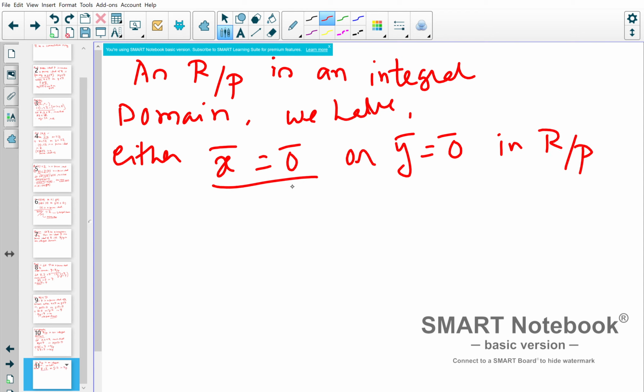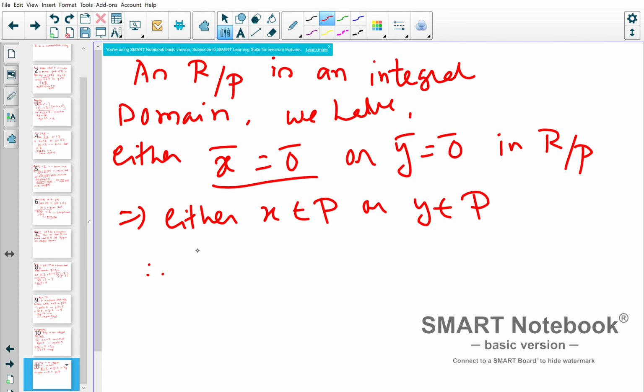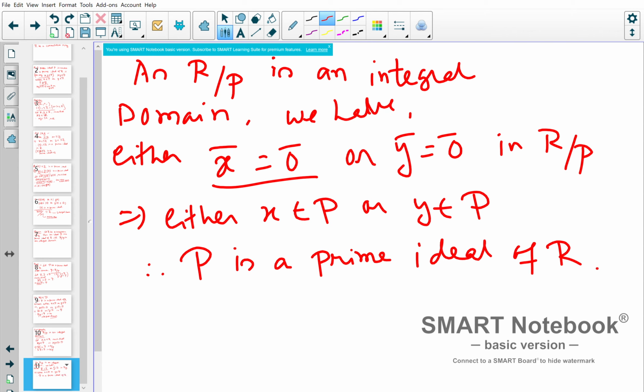Here x bar equal to 0 bar means that x belongs to p. So this implies either x belongs to p or y belongs to p. Done, right? We chose two elements whose product is an element of the ideal, and found that at least one must belong to it. So thus p is a prime ideal of R, right? QED.